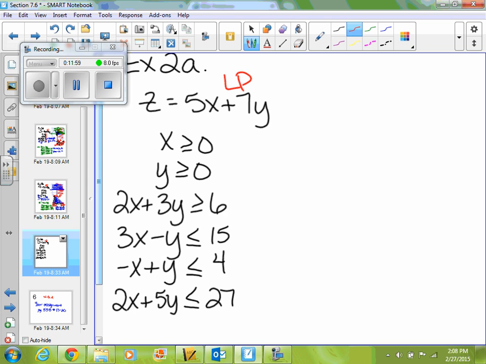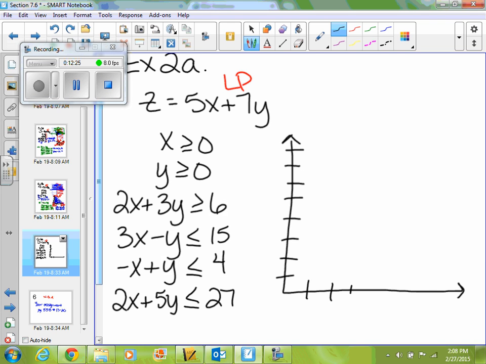I know that if x is greater than 0 and y is greater than 0, what quadrant am I in? My first, okay. So I know I only care about my first quadrant. Okay, and then I need to graph those various constraints, but in order to do that, they need to be solved for y.